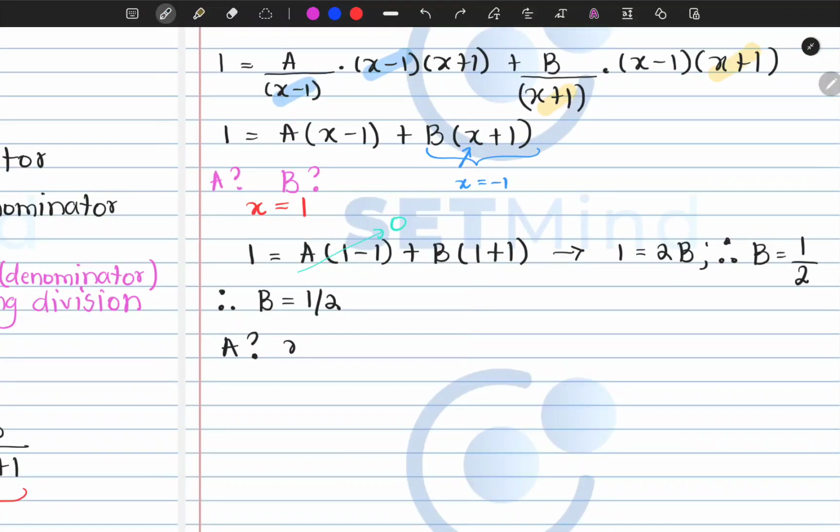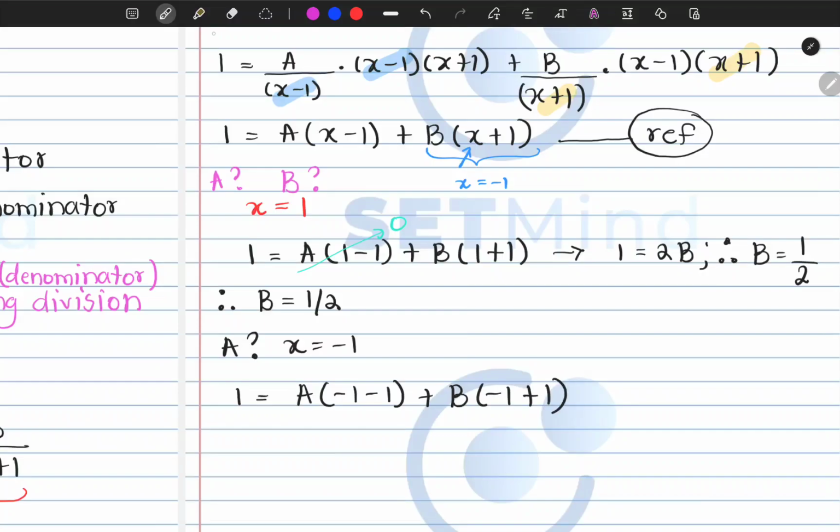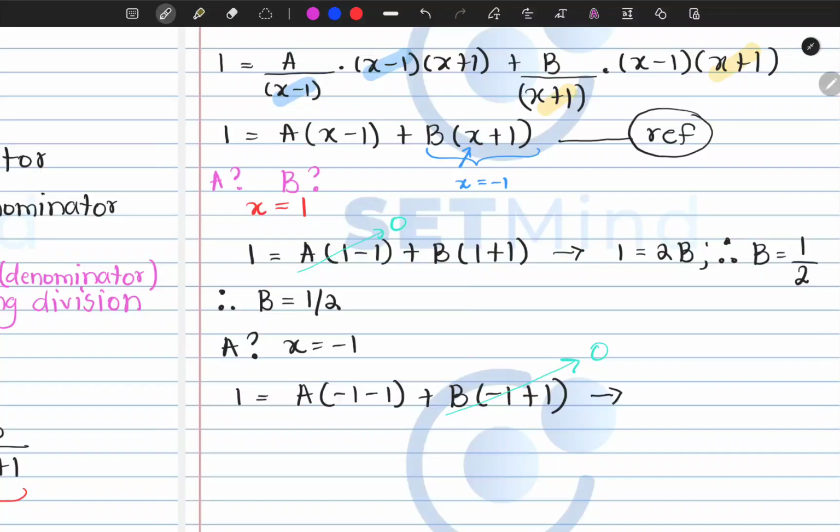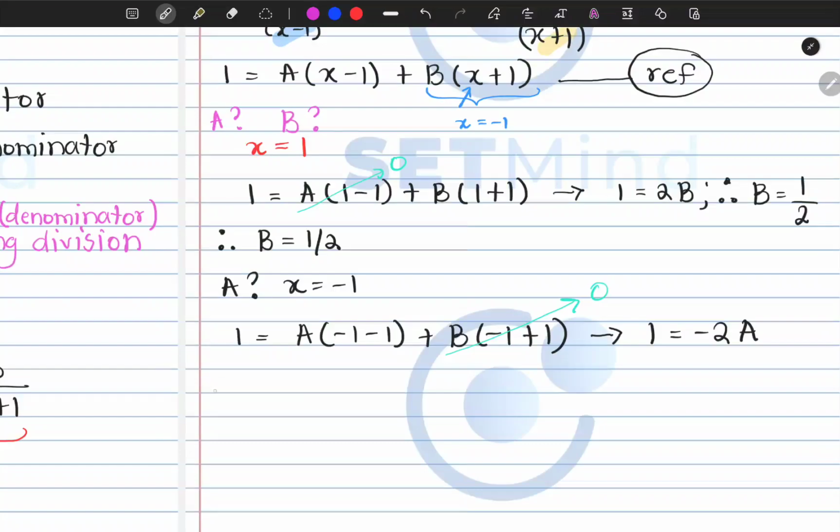So let's go ahead and do x is negative 1, which means when you look at this expression here, which I'm going to call the reference expression or the reference equation, it is going to be a into negative 1 minus 1 plus b into negative 1 plus 1. And if you look at where we have the b, all of that is going to amount to 0. And if you look at what we will have, we'll have 1 equals negative 2 times a. And if you solve for a, you should be able to see that our a will be negative 1 over 2.